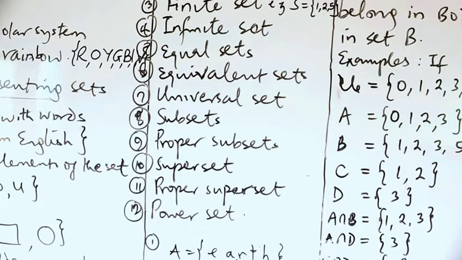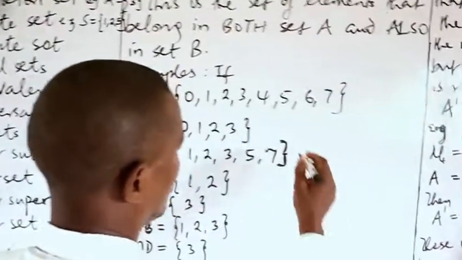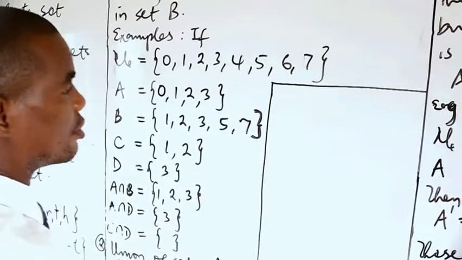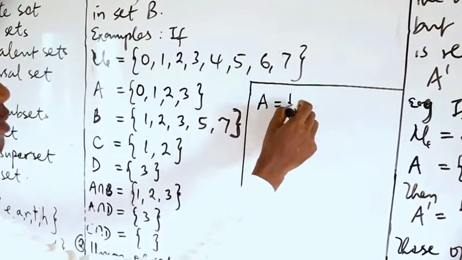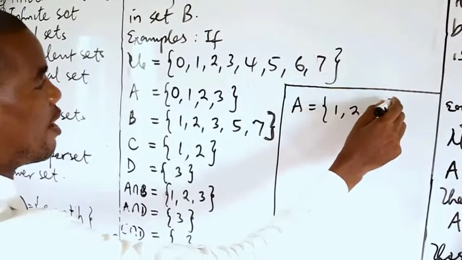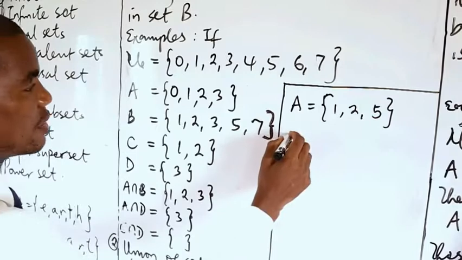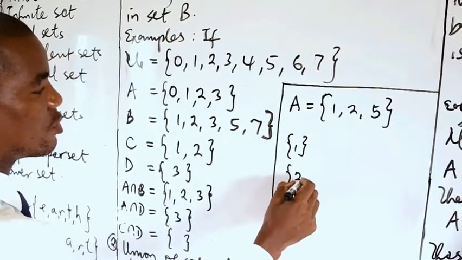For example, we are given set A: 1, 2, and 5. Now, what are the sets that we can derive from here? We can derive 1 as a set. We can also derive 2 as a set.